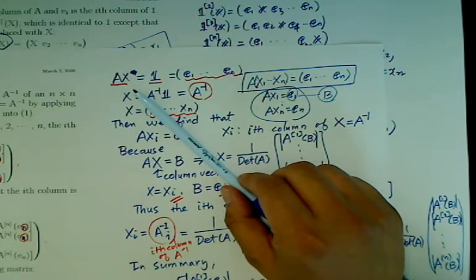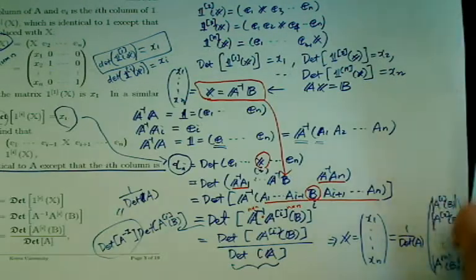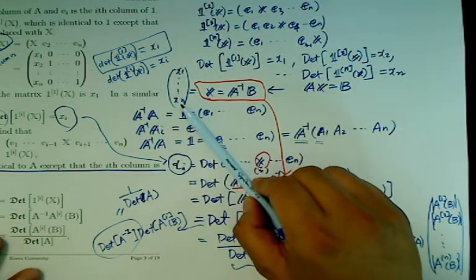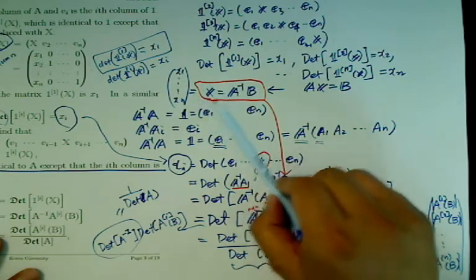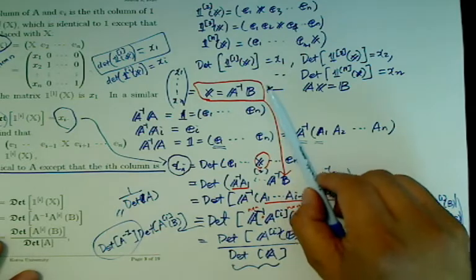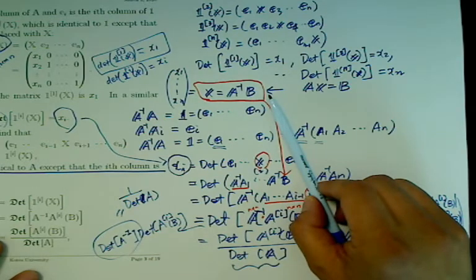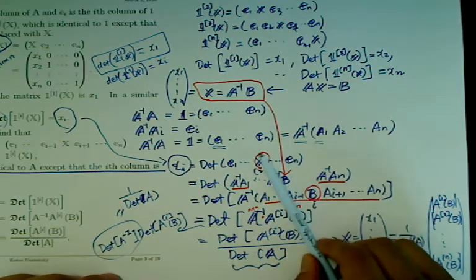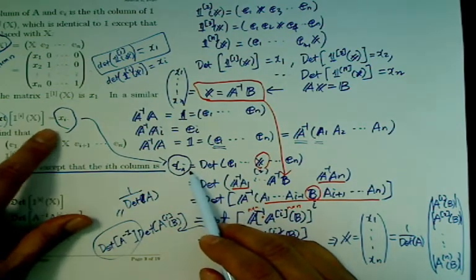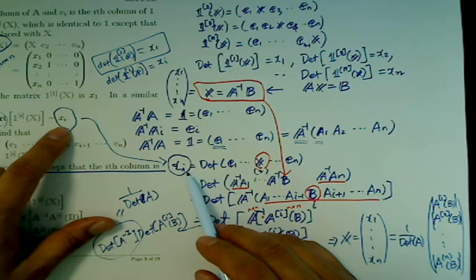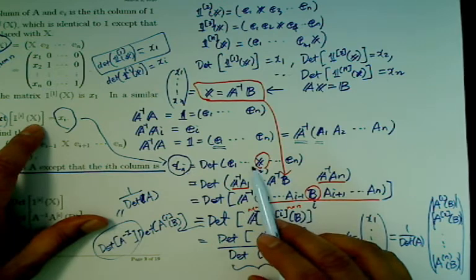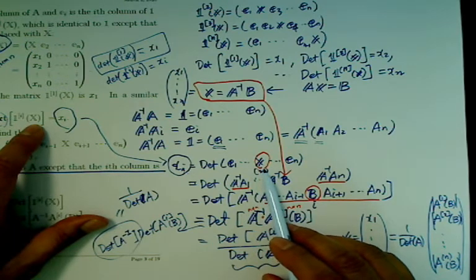AX equals B, where x1 to xn are what we are interested in, and x is A inverse times B. We recall that xi is the determinant of the identity matrix with the ith column replaced with x.